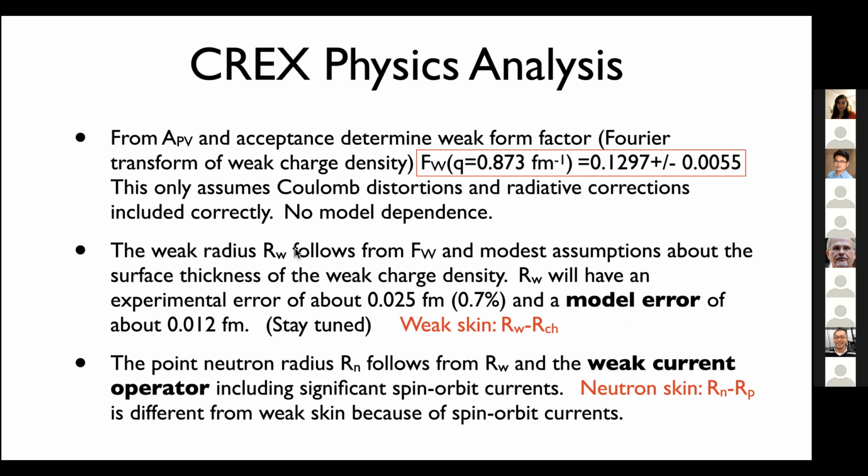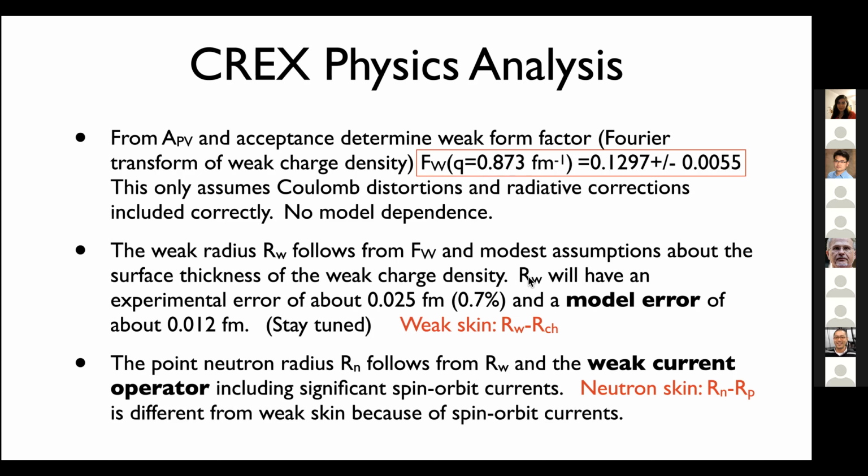CREX wasn't done at 0 momentum transfer. In fact, it was done at a relatively large momentum transfer here. So one needs to make modest assumptions about the surface thickness of the weak charge density in order to extract a weak radius from this form factor measure.